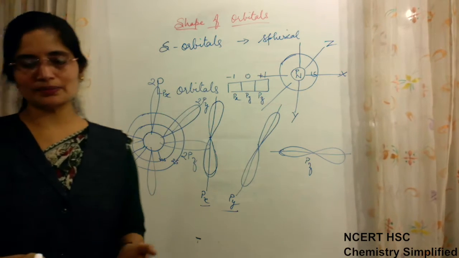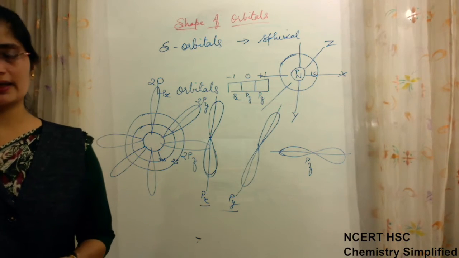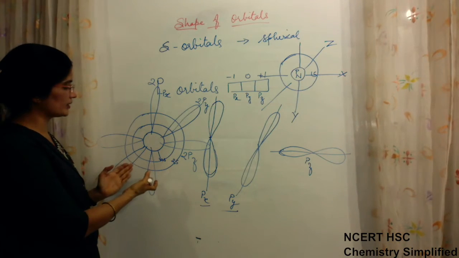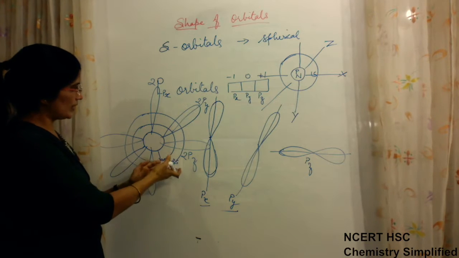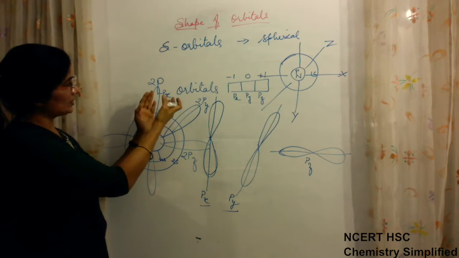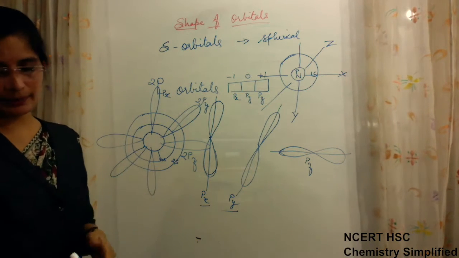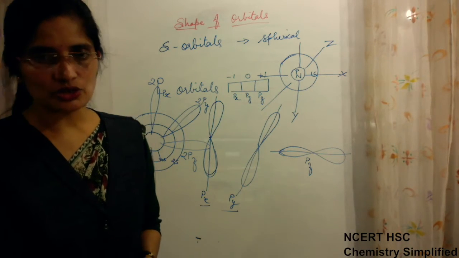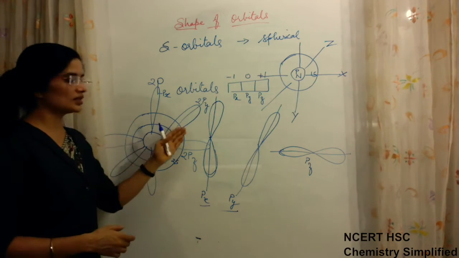So actually the structure is too complicated to be drawn in this manner. Means 1s, 2s, 2p, then again 3s, 3p, this will go on. So we will not be able to draw the real structure.